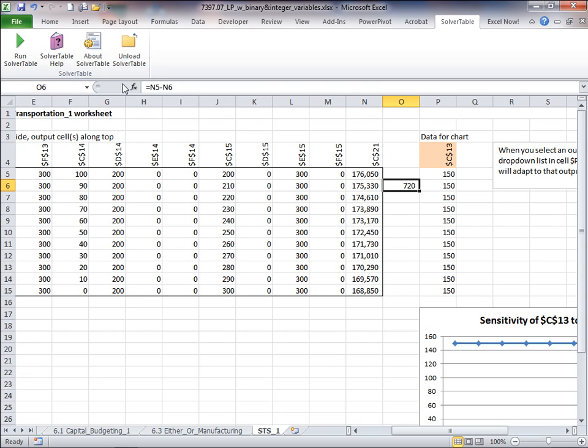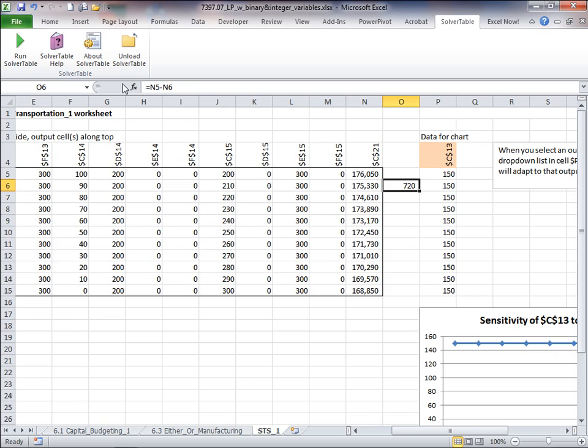See where the 720 comes from? Okay. So that, in fact, does show me that there is a one-to-one trade-off between capacity of plant 3 and units shipped from plant 2 to region 1.